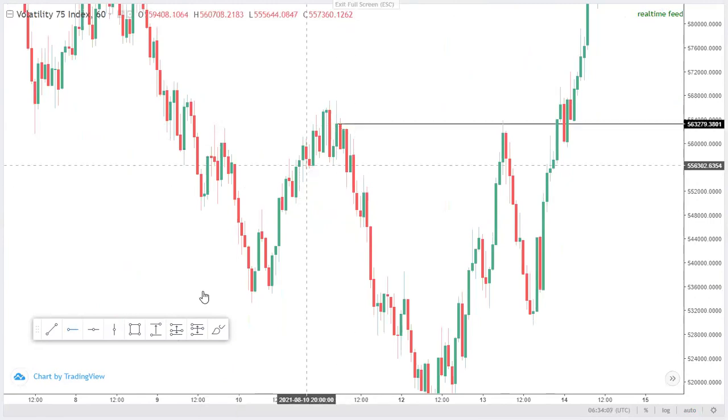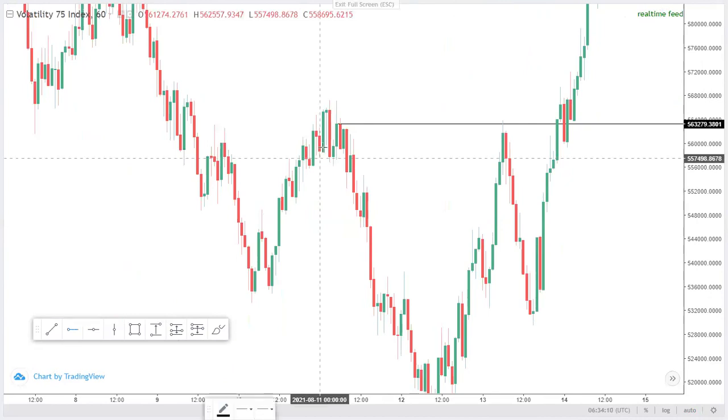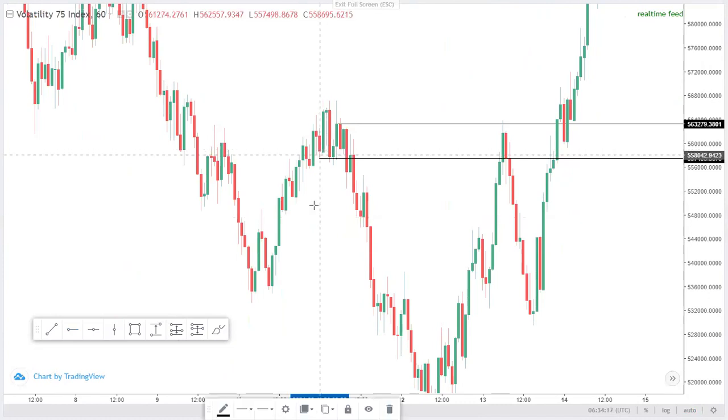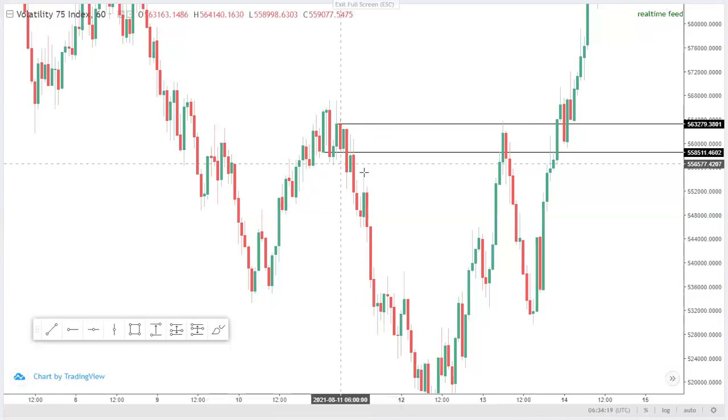Price broke this structure, price broke our invalidation point.